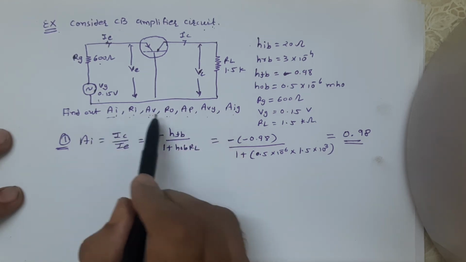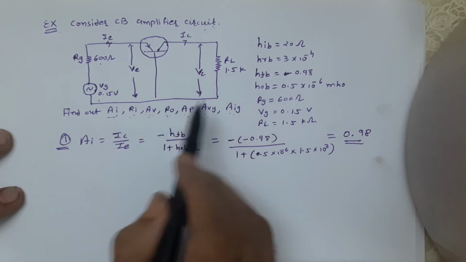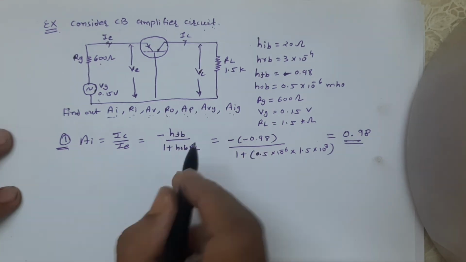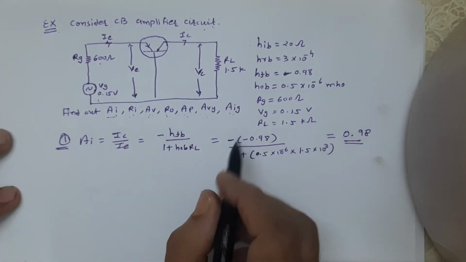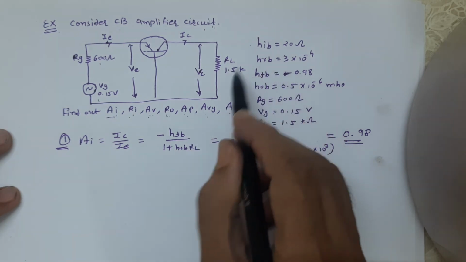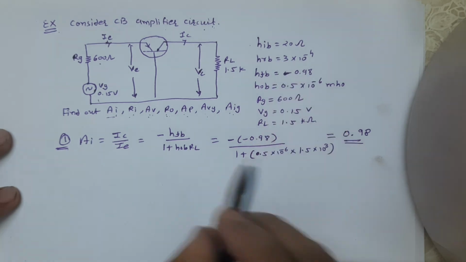So 1, 2, 3, 4, 5, 6, and 7 objectives are given in this example. So you must prepare this example, right? Only in the examination the values may be changed.